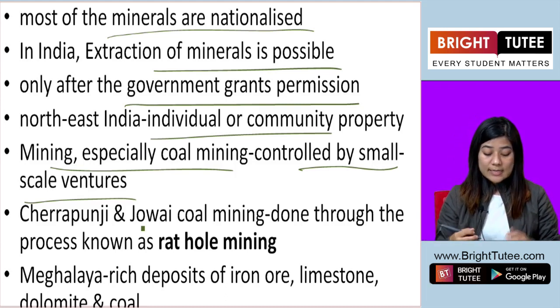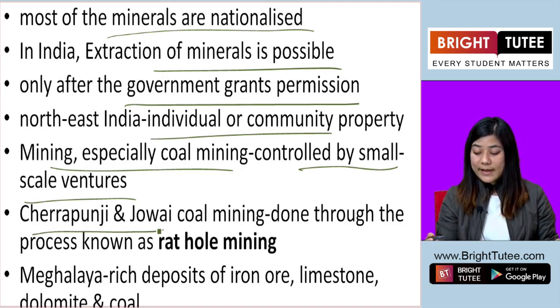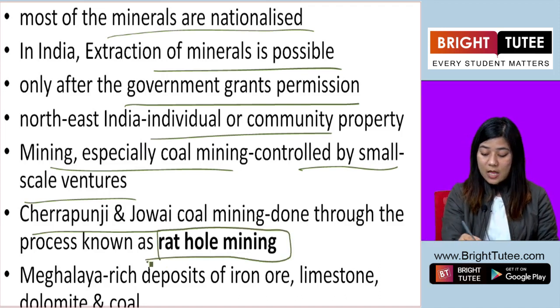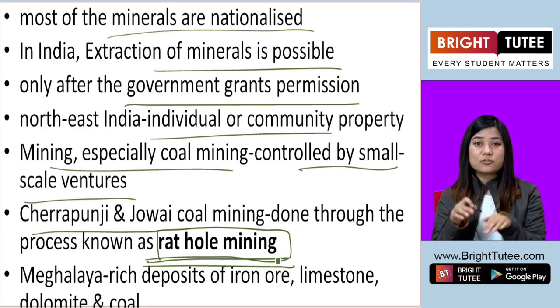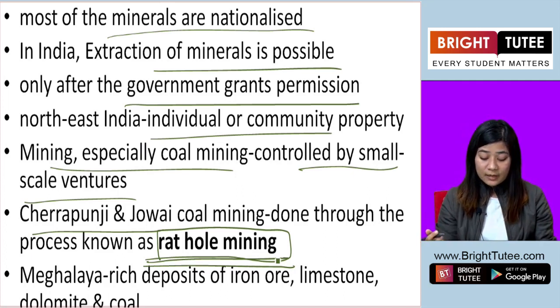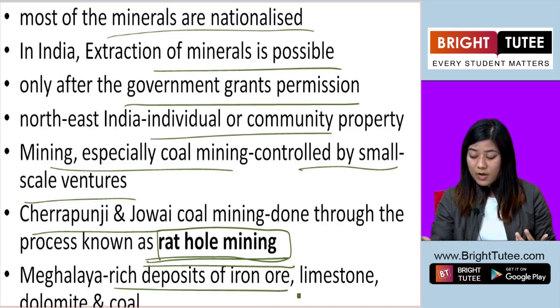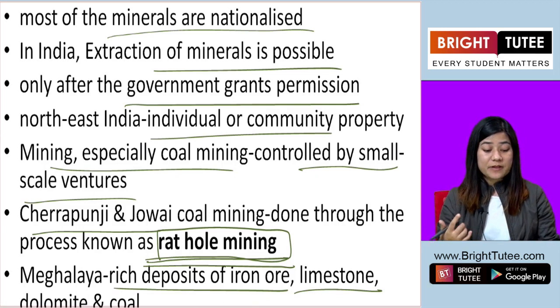In Cherrapunji and Jawai in northeast India, coal mining is done through a process known as rat hole mining. As the name suggests, they dig a hole where the miner has to crawl inside and then mine. Meghalaya is very rich in deposits of iron ore, limestone, dolomite and coal. So Meghalaya is a very resource rich state.